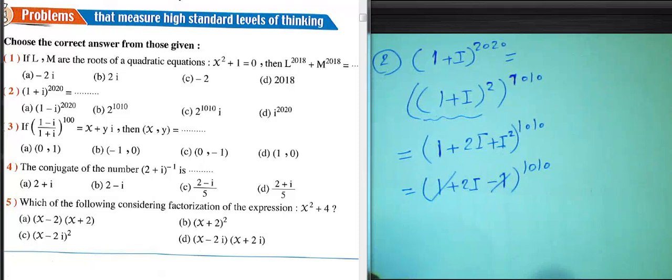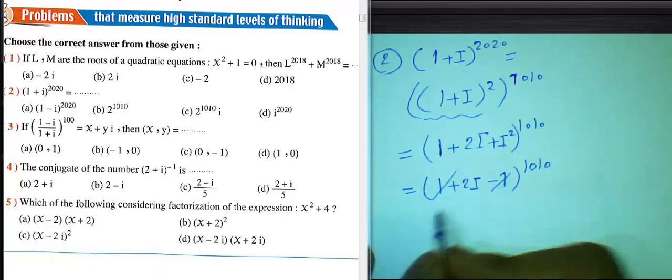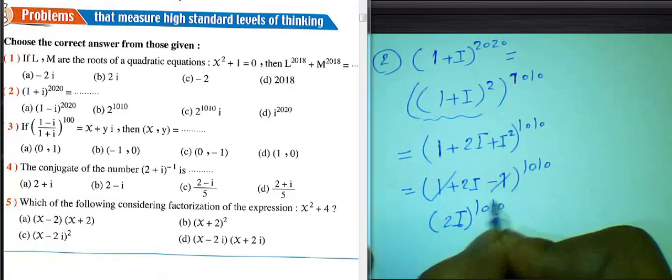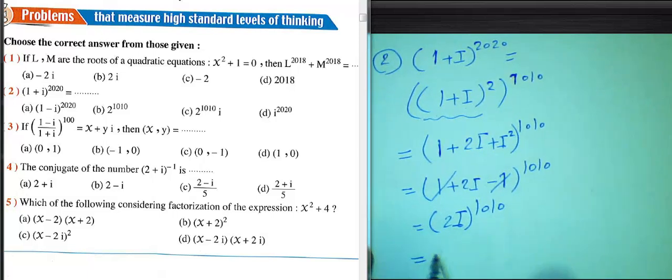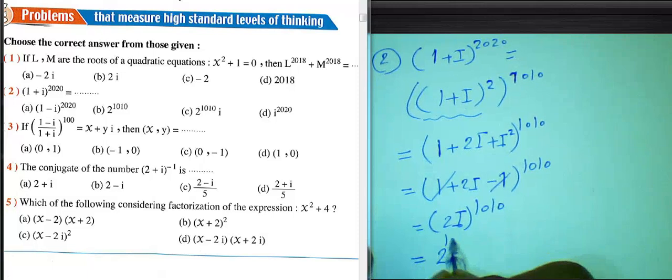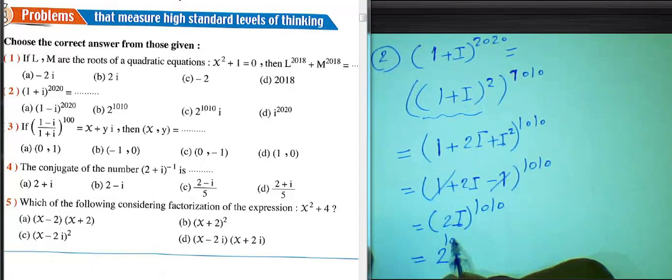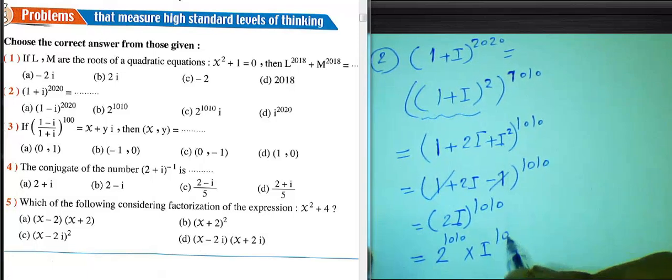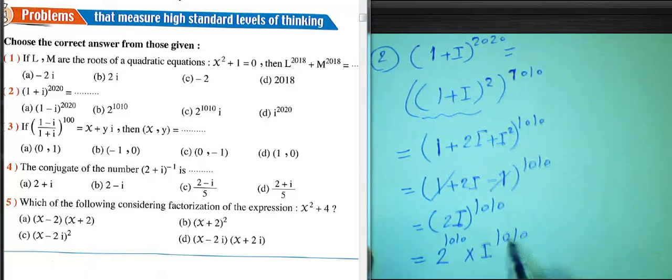The result will be 2i to power 1010. So the result will be 2 to power 1010 multiplied by i power 1010.